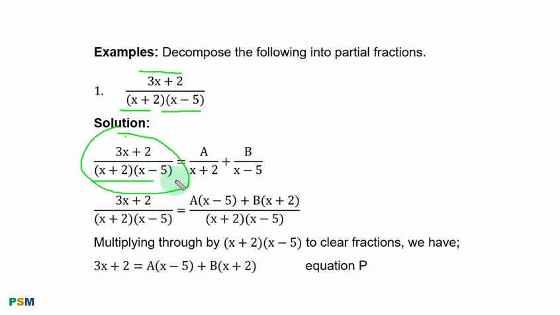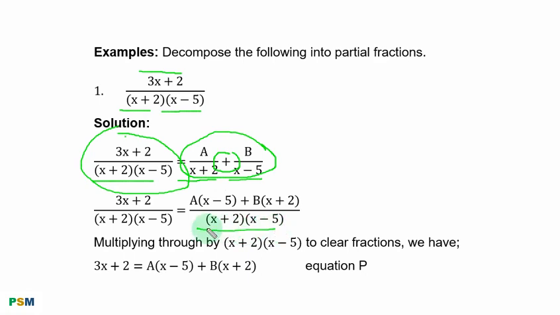So you have A over s + 2, by default we use the addition sign when decomposing, plus B over s - 5. Next, you simplify the right hand side by finding the LCM, which is the product of the two linear factors.